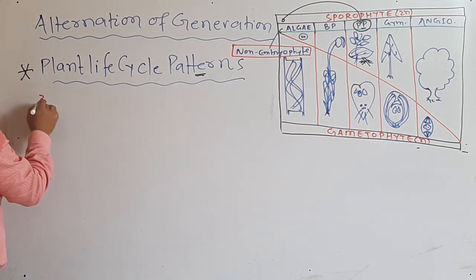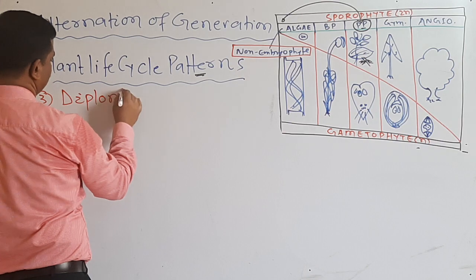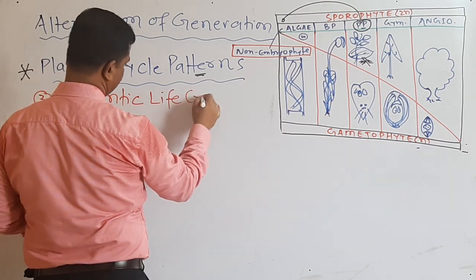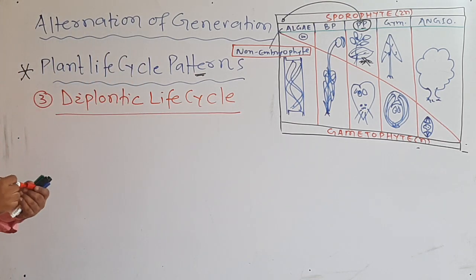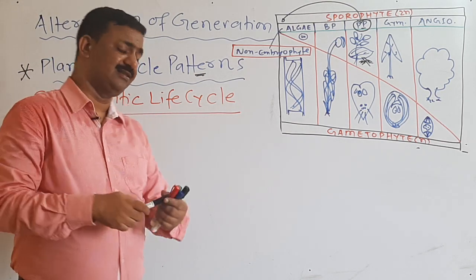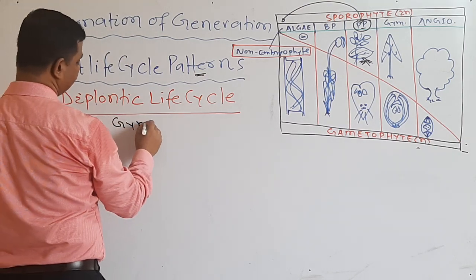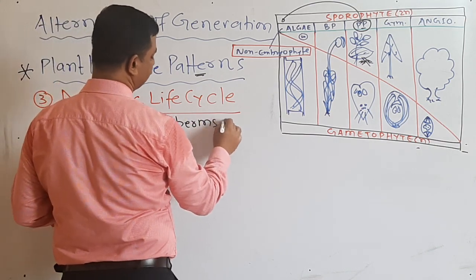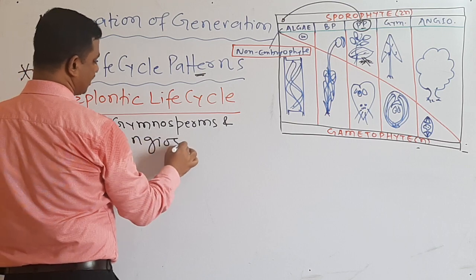So, last, the third one: the diplontic life cycle. Yes, this diplontic life cycle is characterized by two important plant groups, gymnosperms and angiosperms.